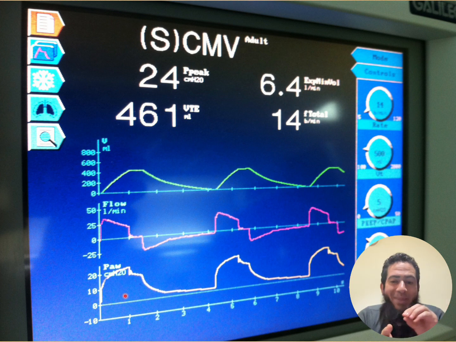So to maintain the pH of a patient who was in severe metabolic acidosis, especially DKA patients, you need to increase the minute volume to keep it the same as before the ventilation.